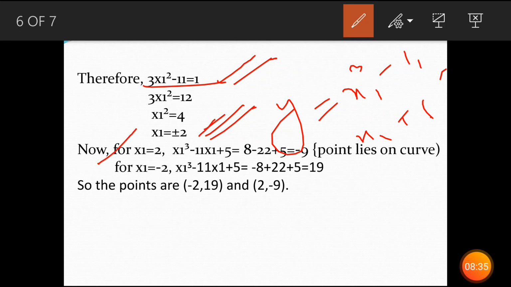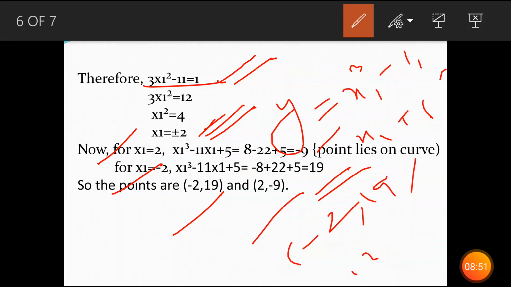First of all, if we put x1 equals to 2, then we get y equals to minus 9, and if we put minus 2, then y1 value is 19. So we got 2 points, minus 2, 19, and 2, minus 9. These are the 2 points through which the curve can pass.